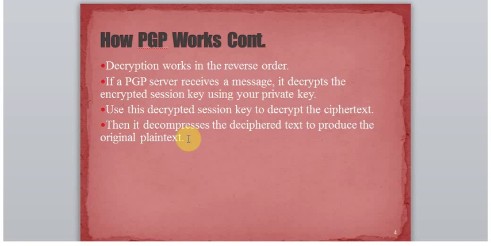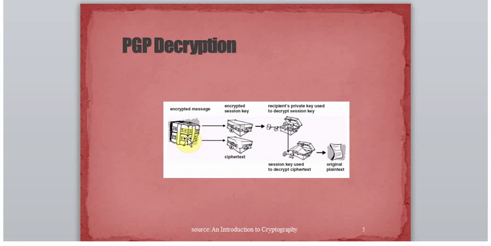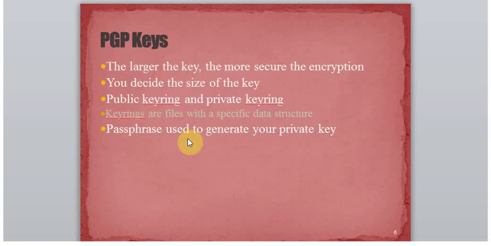Then it decompresses the deciphered text to produce the original plain text. So you can see the decryption process here. The encrypted message along with the encrypted session key is sent, and then using the private key, the session key is decrypted, and then the session key is used to decrypt the main ciphertext.